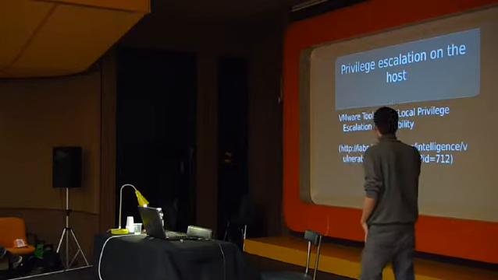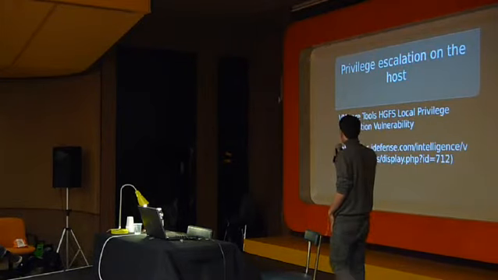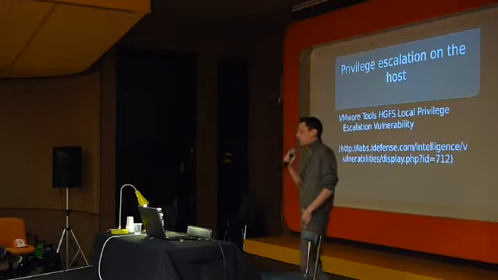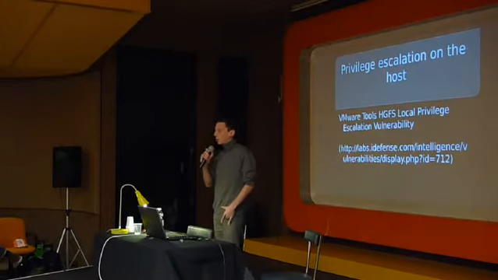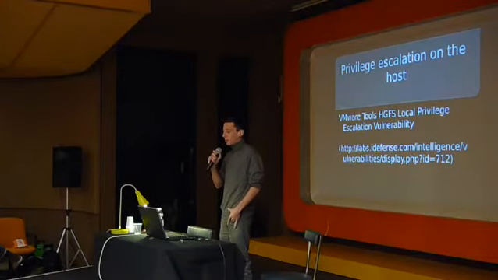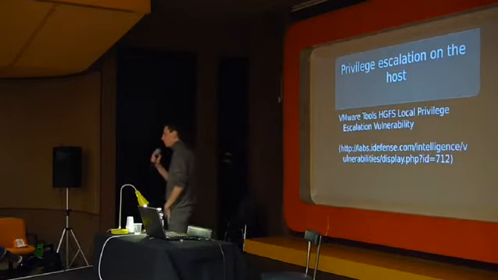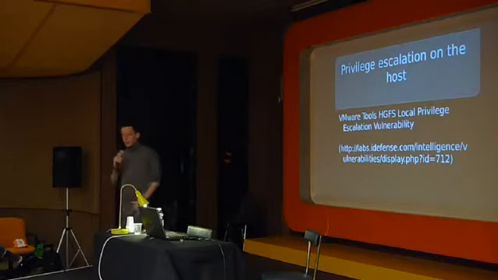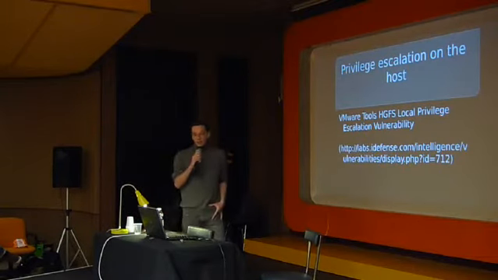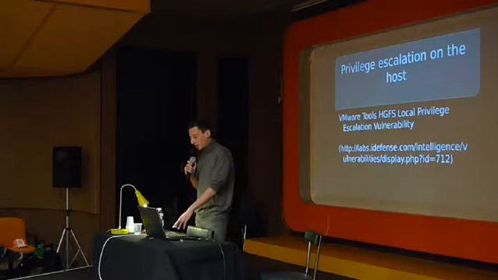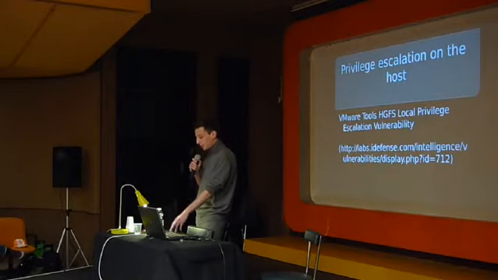Typically what happens is you're using some kind of driver bug in the core of the hypervisor itself. Most of them have drivers. We'll get back to that later. And by exploiting such a vulnerability, you can get privilege escalation. One example of this is this identity bug, which for some reason has no CVE.